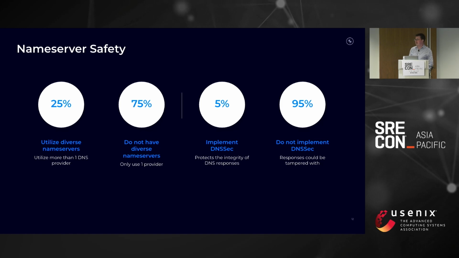AWS has also had large DDoS attacks on its DNS infrastructure, and I remember my Roomba being hosed because AWS DNS was down. But 25% of these domains actually have a diverse set of name servers, meaning that they are located on more than one autonomous system.